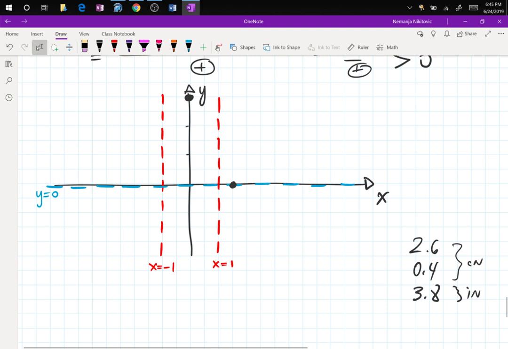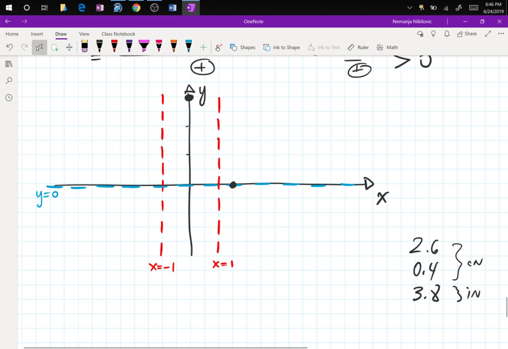Now, what was my graph? I mean, no graph, the function. What was it? 2x minus 3 over x squared minus 1.